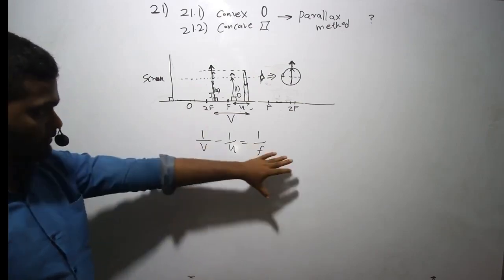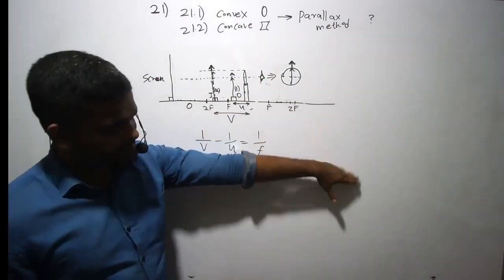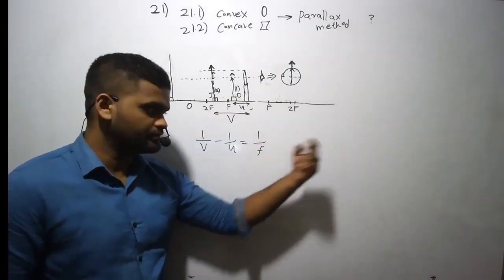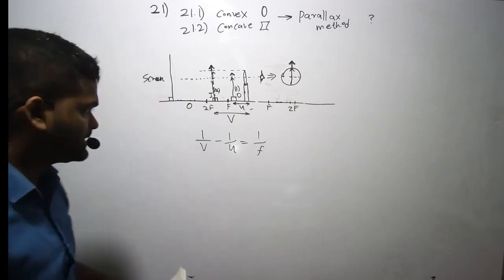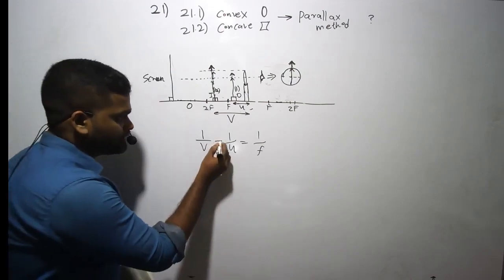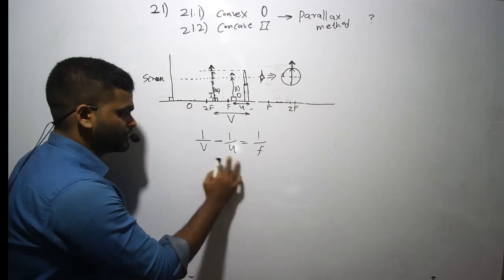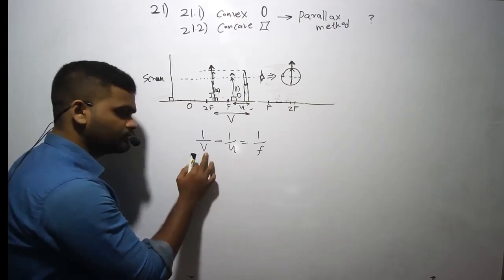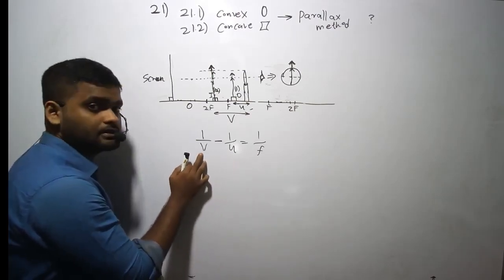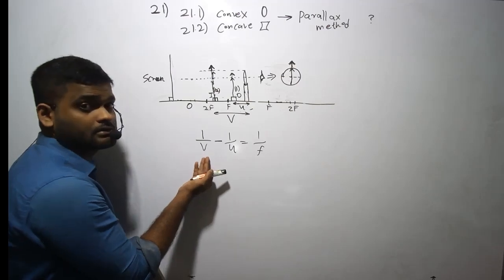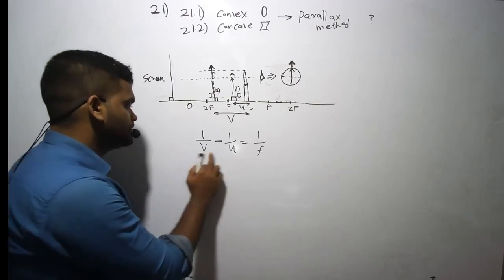But when you are assigning numerical values, you will use the sign convention. You will understand what I'm saying. So here I'm not going to apply sign convention for this. The reason is because I have both negative and positive values for V, right? So which one should I put here, right? So I'm not going to use sign convention.